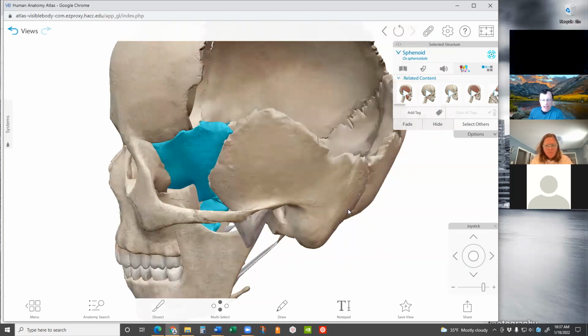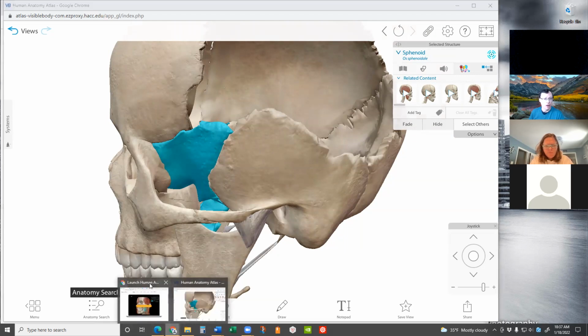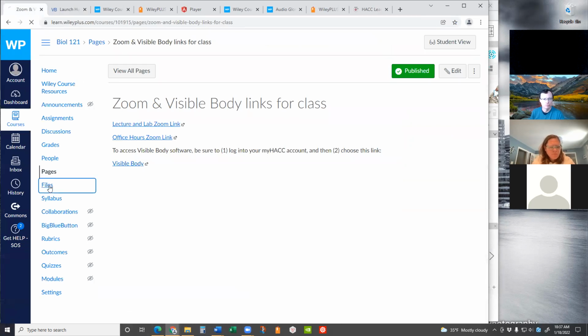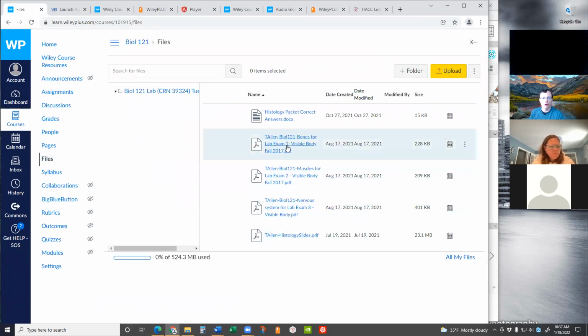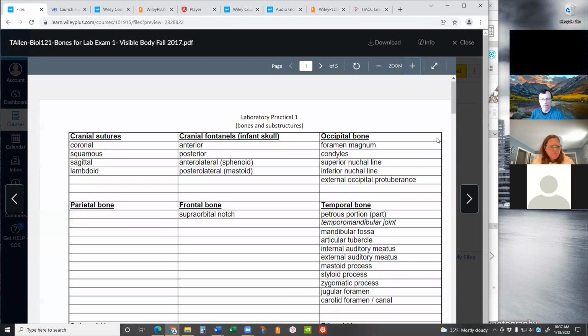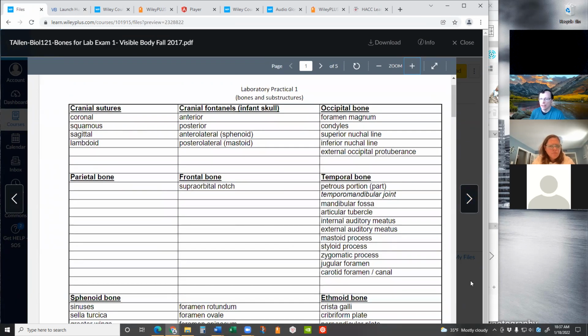Okay. Then gang, what I'm going to do is go away from Visible Body at the moment and make some more comments about your word bank. So let me go back to WileyPlus and bring up the word bank again. I hope you can see the word bank. Forgive me, this is a very slow process.